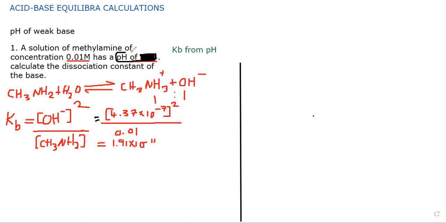All right, so we don't know what the pH is. All right, so a solution of methylamine of concentration 0.01, as the base. All right, let me just write it.